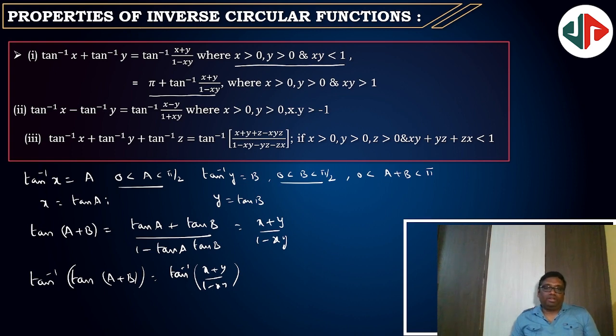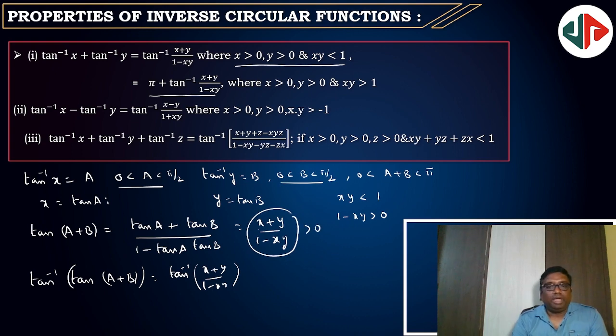So then how to define this? Here we have to consider tan of a plus b. Here x is positive, y is positive. Here xy is less than 1, it is given. Then 1 minus xy is always greater than 0, so it is always positive. So when the tan function is positive, a plus b must lie between 0 to pi by 2.